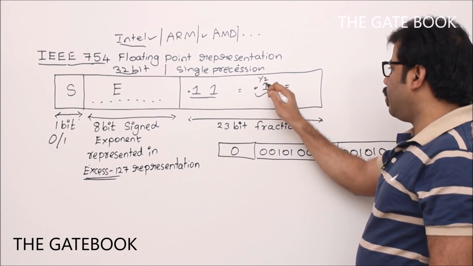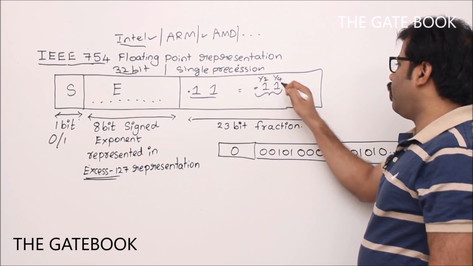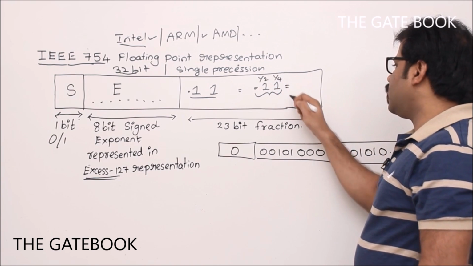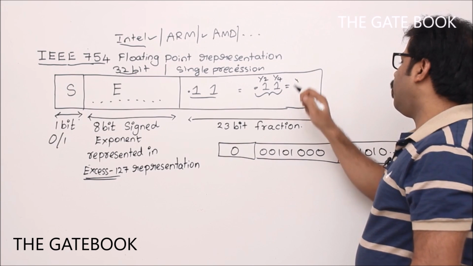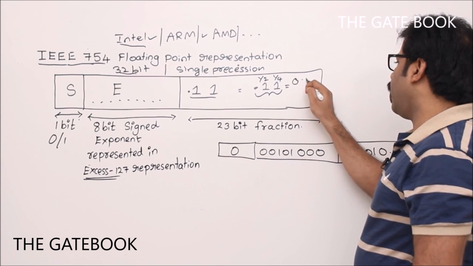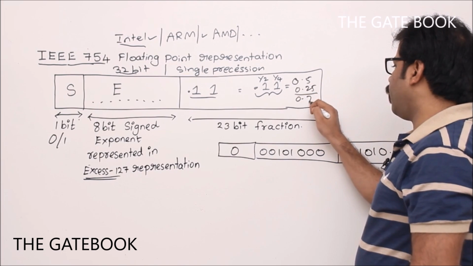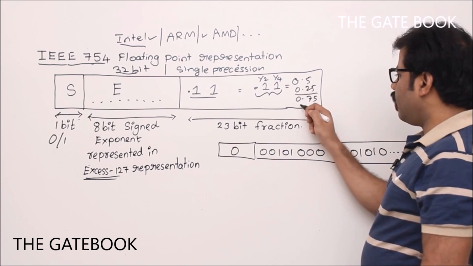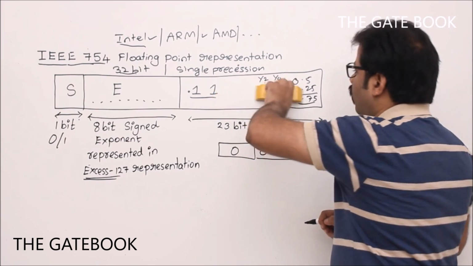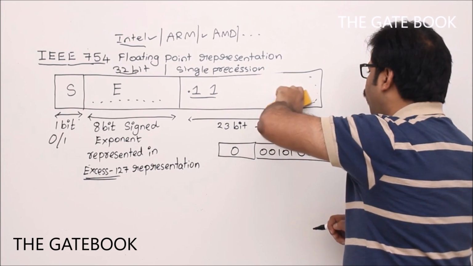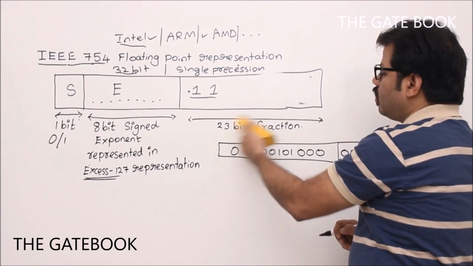The weightage of the first bit is 1 by 2, the next is 1 by 4, correct? So 1 by 2 plus 1 by 4, where 1 by 2 means 0.5 and 1 by 4 means 0.25. It will be 0.75. In decimal, the meaning of this is 0.75. So that is the meaning of this fraction.